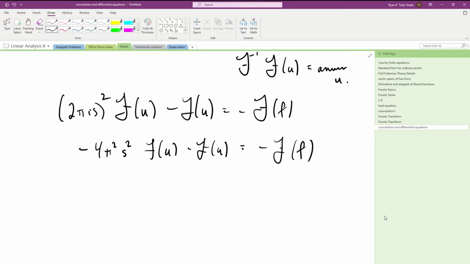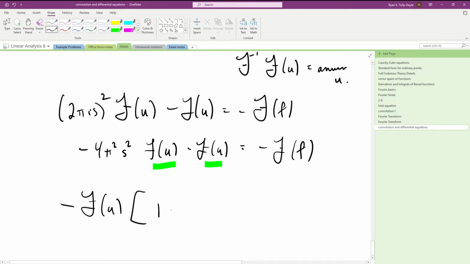And now I can isolate the Fourier transform of u because I can just factor it out. If I do that, I get a negative Fourier transform of u times 1 plus 4 pi squared s squared is equal to negative the Fourier transform of f.